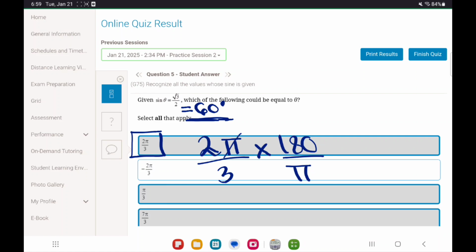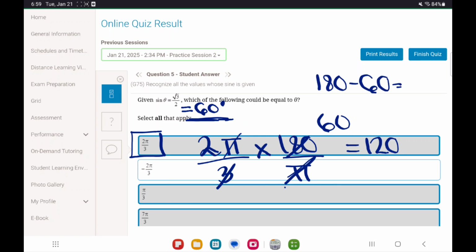Let's cancel pi. 180 is divisible by 3, so 60, because 60 times 3 is 180. So 2 times 60 is 120. Okay, and we know sine rotates every 180. So 180 minus 60 is 120. So that's one of your choices.